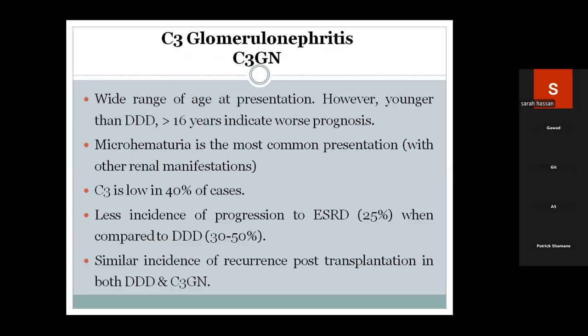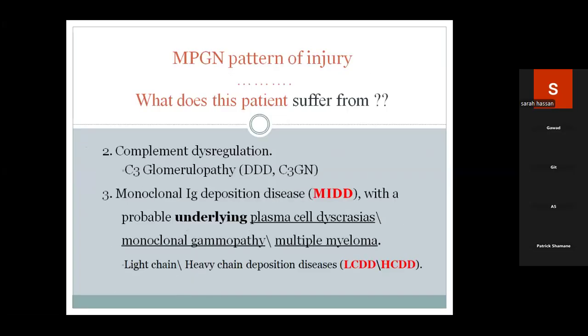So there is complement dysregulation in C3 glomerulopathies, and monoclonal IgG deposition in MIDD. If we are talking about monoclonal proteins that could trigger the complement pathway, this triggered complement pathway causes the injury without deposition of monoclonal proteins. But in another story, these monoclonal proteins may deposit by themselves, causing MIDD and the membranoproliferative pattern of injury.